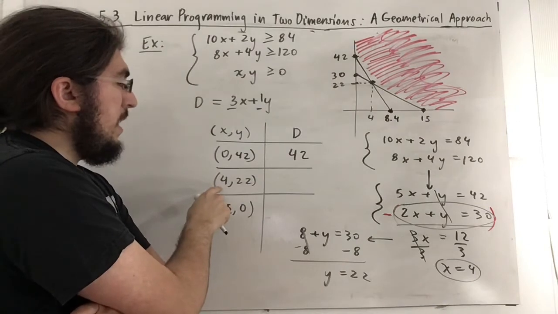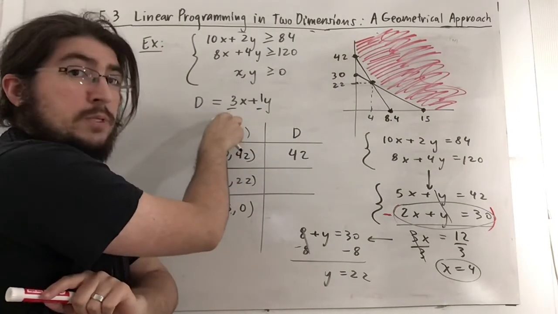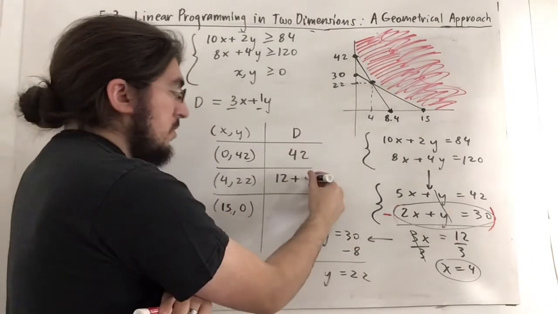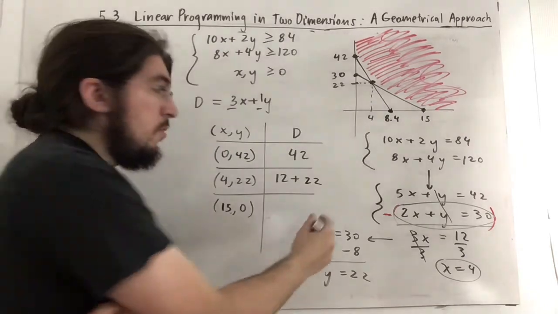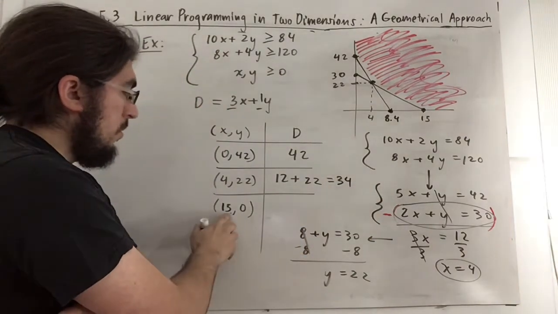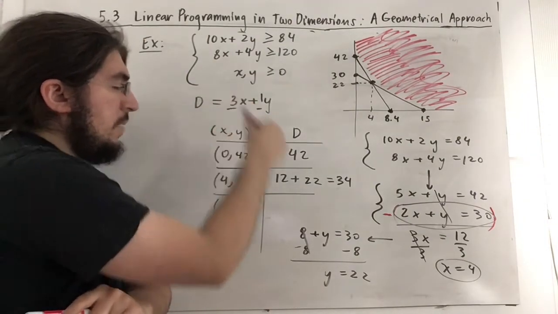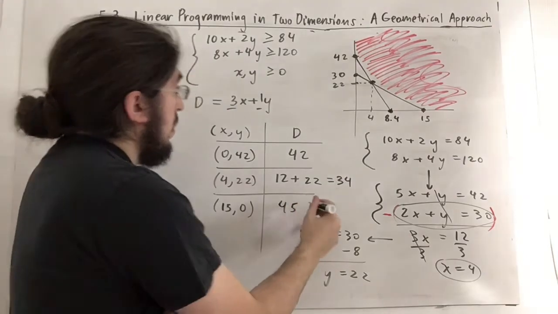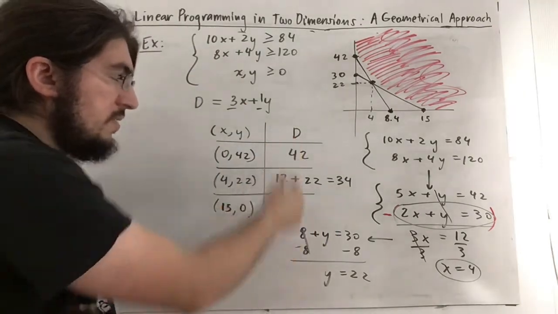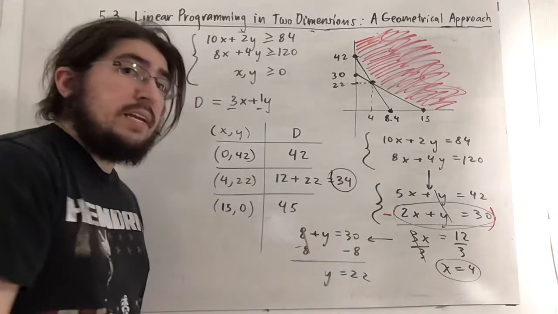When x is 4 and y is 22, we'll have 4 times 3, which is 12, plus 1 times 22, so that's going to give us 34. Okay, when x is 15, we have 15 times 3 is 45, plus 0 times 1 is 0, so we have these values here. And notice the smaller of these is 34 indeed.